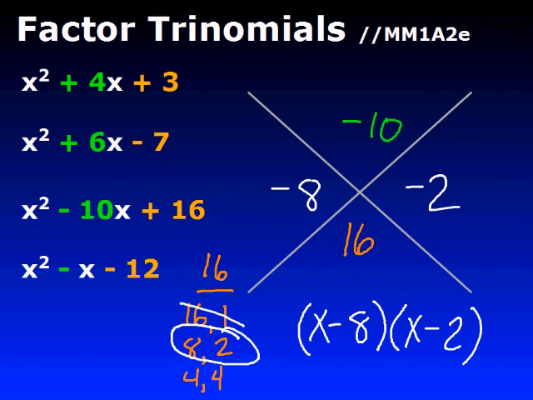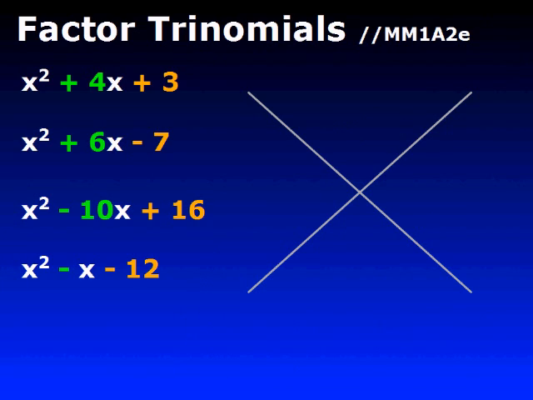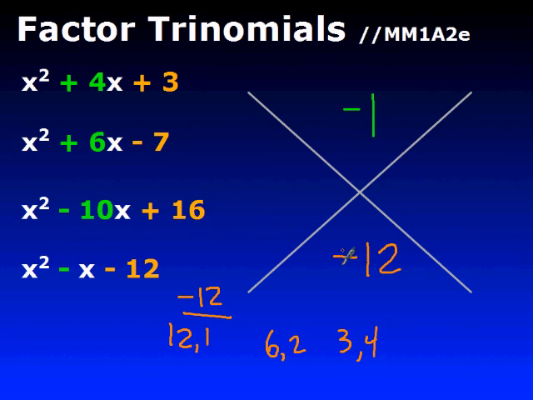And the final problem. There's no coefficient written here. Recall that that means a 1. There's a negative sign, -1. And the constant term is a -12. Factoring -12, let's see, I have a 12 and a 1, a 6 and a 2, or a 3 and a 4. Because this sign is negative, I know that one of these two numbers must also be negative.